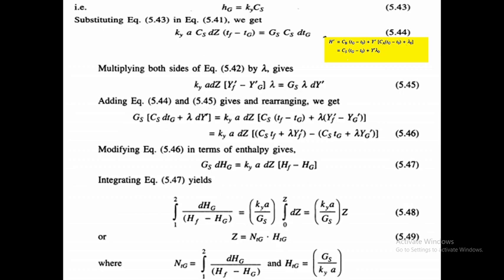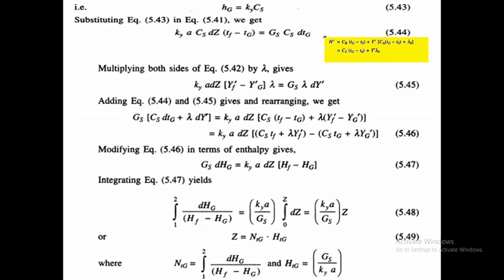Okay. So what is the Z here? The height of the tower. In a packed column or cooling tower, the height of the tower is equal to NTU into HTU. I hope all of you know the concept of HTU and NTU from unit 2. From that, the height of the tower Z is equal to NTU into HTU, where NTU is the number of transfer units and HTU is the height of transfer unit. For our case, for the gaseous condition, the tower height Z is equal to NTG into HTG.